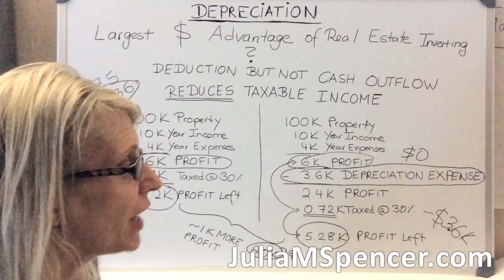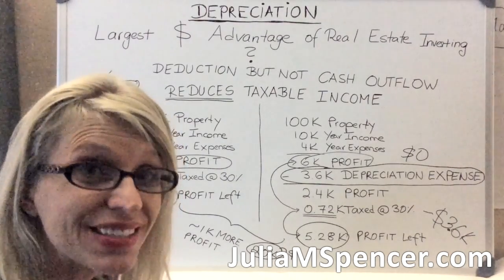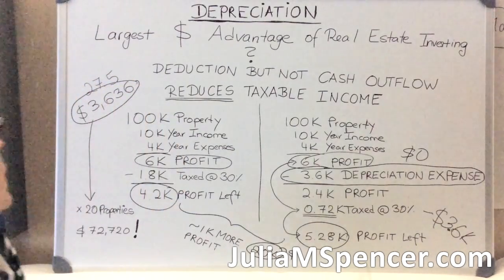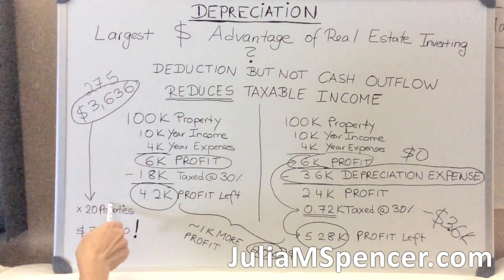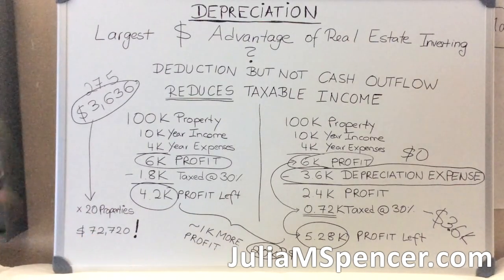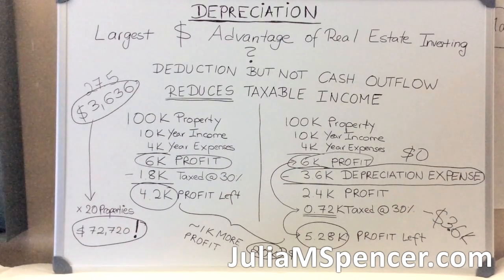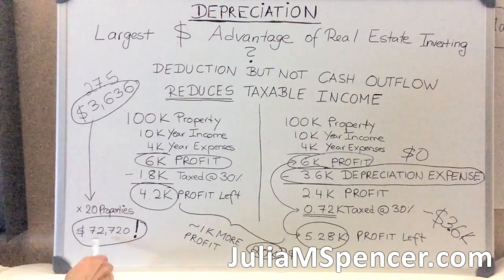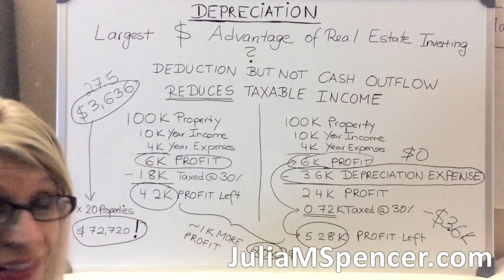So let's say you had 20 properties and each one generated $3,600 a year in negative expenses. Multiply that, $3,636 times 20, and you suddenly have $72,720 of negative income on those properties, which you can use if you have another business, or a job where you have to pay taxes.